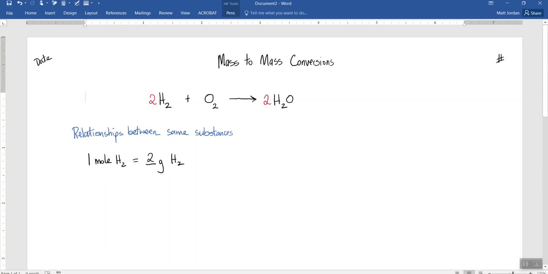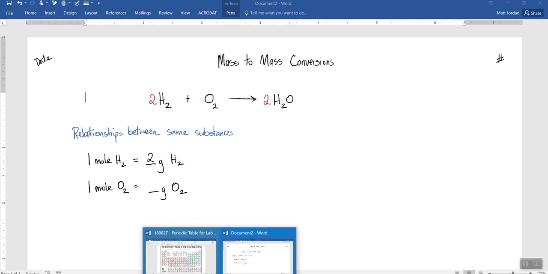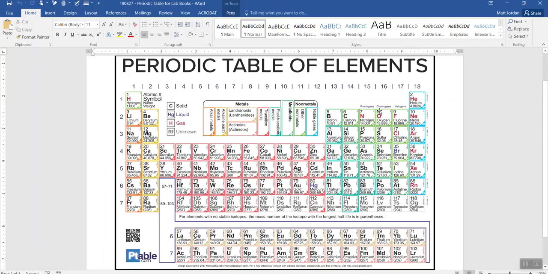We can do the same thing for each other substance in the reaction. So if you had 1 mole of O2, that also would have a certain mass. From the periodic table, you see oxygen over here, and if you round this up, each oxygen will weigh 16 grams.